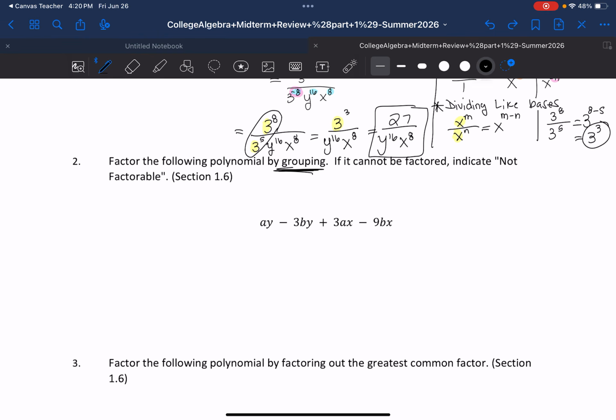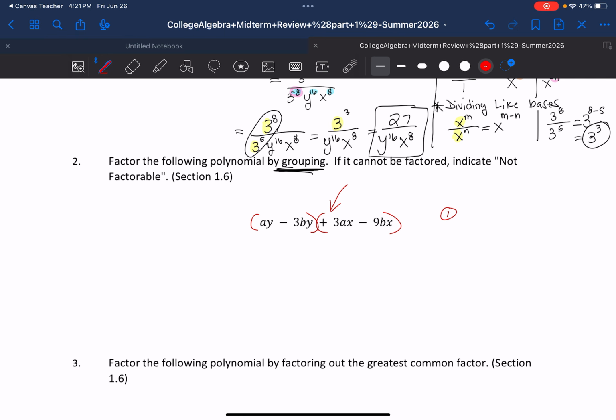So factoring by grouping, the first step is to group together the first 2 terms and then group together the second 2 terms. And you can either include this sign. Usually if it's plus right there, then you don't have to include it in the parentheses, but I do just to show you, because if it's negative, you want to pull out the negative there.